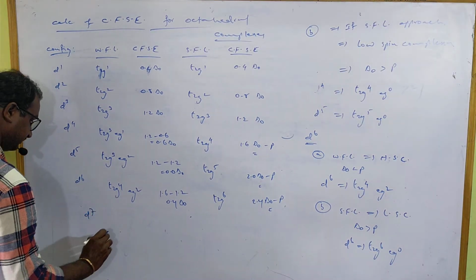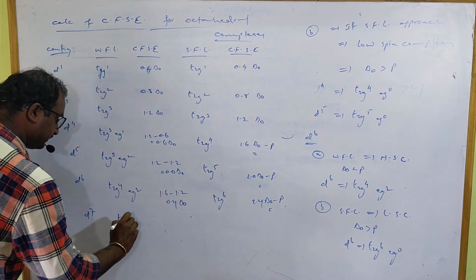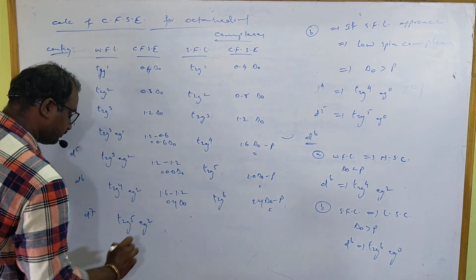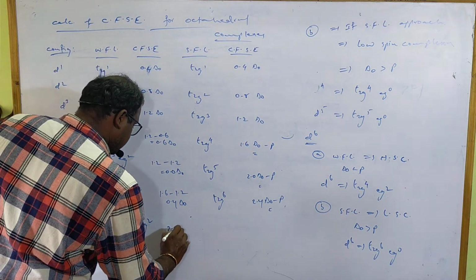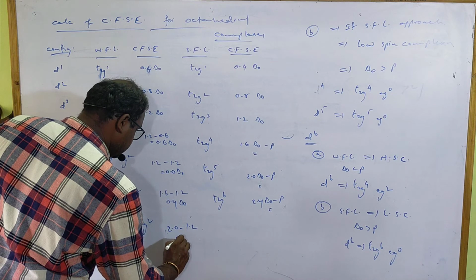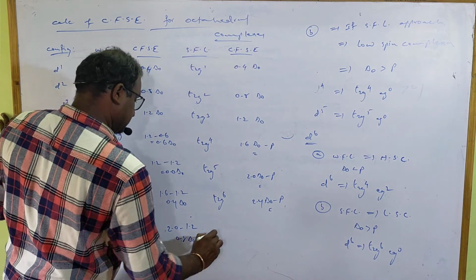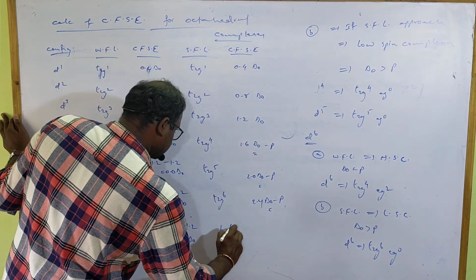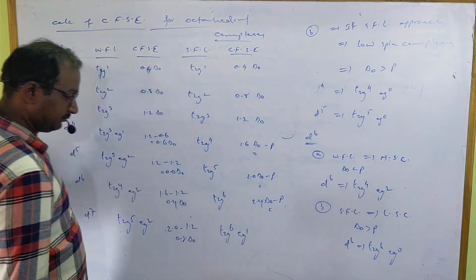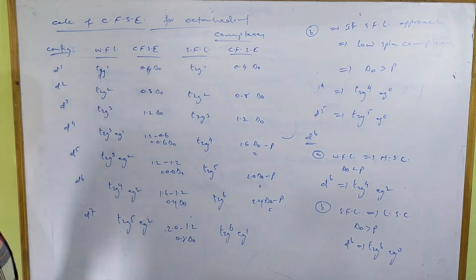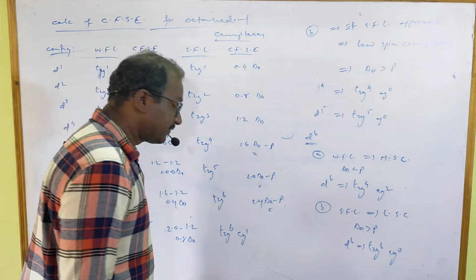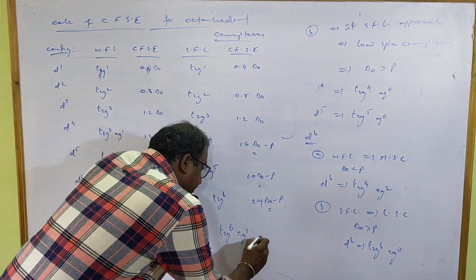For d7, t2g5 eg2, 5 times 0.4 is 2.0, minus 1.2 means 0.8 delta O. For strong field, it is t2g6 eg1, because the 7th electron goes to the eg orbital after the t2g orbitals are filled by pairs.